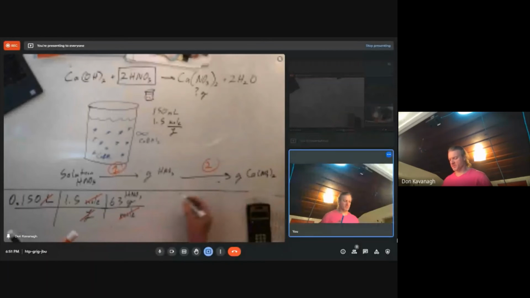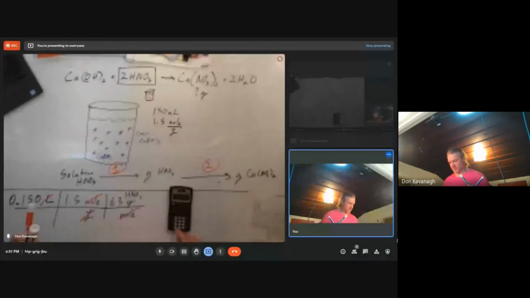But right now, for simplicity, I'm just going to calculate this. I challenge you in harder problems to continue to build the scaffold. This is 14.175 grams of HNO3. So that's how many grams are inside that tiny beaker that got poured into the big one.